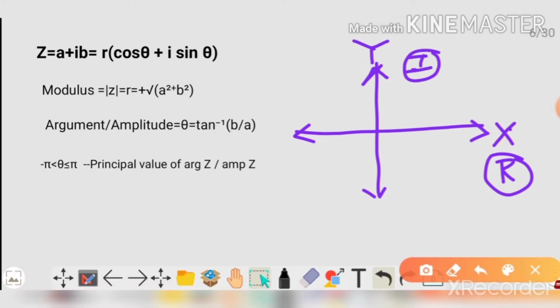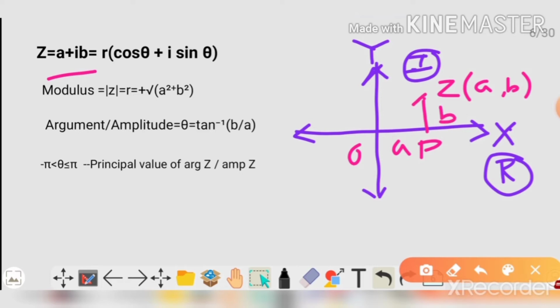Now we will put z in this coordinate system, and its coordinates will be (a, b), because z equals a plus ib. Now as it is (a, b), then this distance from O to, suppose this is P, OP will be a and PZ will be b.